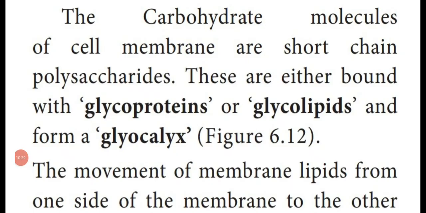So apart from the lipid and protein molecules, a carbohydrate is also present in the fluid mosaic model. In this model, carbohydrates are arranged in the form of small short chains made up of polysaccharide. Saccharides means more than 3 glucose molecules, said to be polysaccharides. These carbohydrates are found either with glycoprotein or glycolipid.